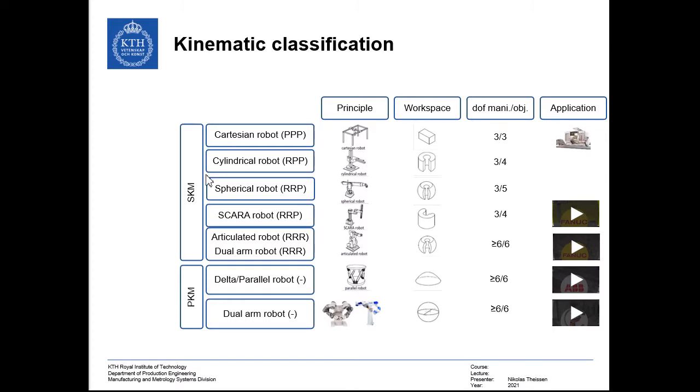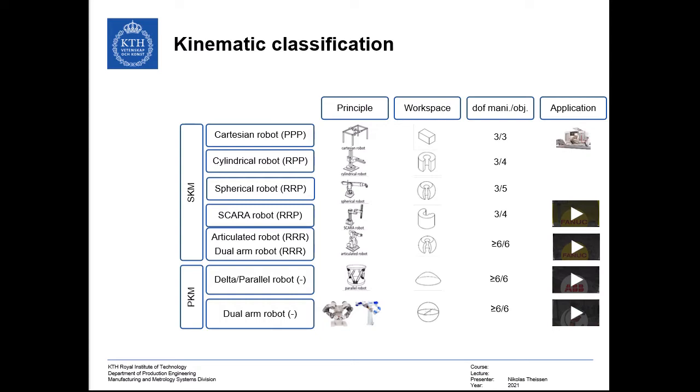The next type of manipulator is a cylindrical robot, which has an RPP configuration, where we have a rotational joint followed by prismatic joints, which means that the base can rotate about its own z-axis, resulting in a cylindrical workspace. And not only does this robot have the same degrees of freedom as the machine tool with respect to actuatable degrees of freedom, so you can rotate and then move it up and down and out and in, but this also results in more degrees of freedom on the object that you are manipulating.